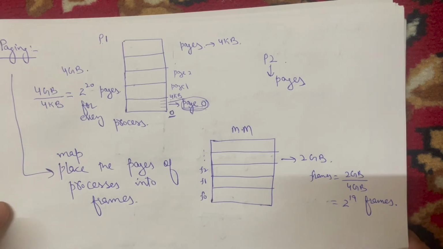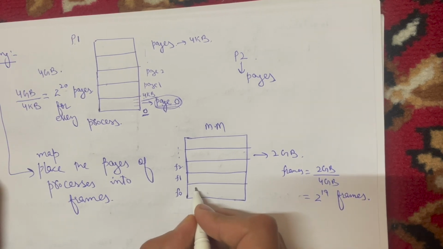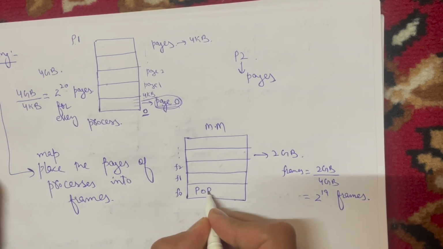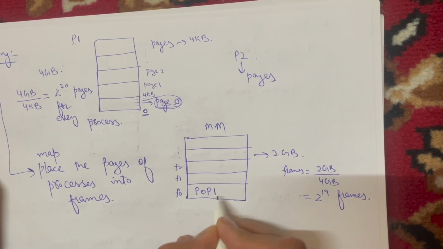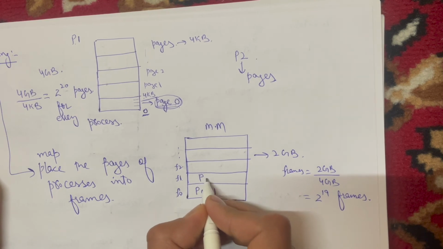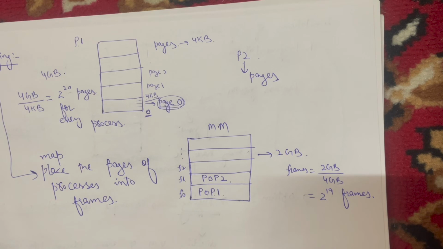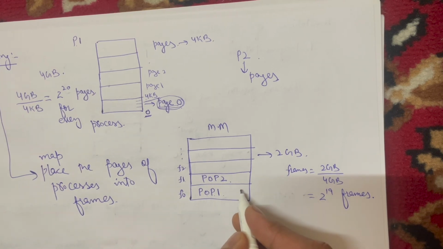For example, let's say in frame 0, I am placing page 0 of process 1. Let's suppose in frame 1, I am placing page 0 of process 2. So basically we are placing the data here.